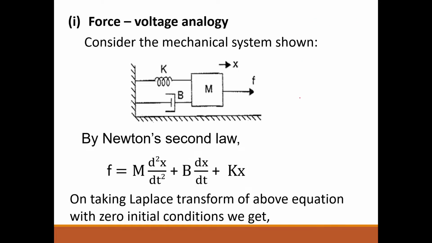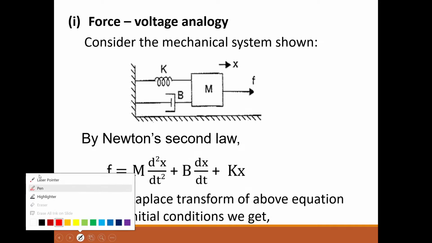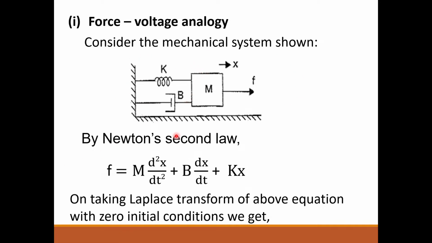If we have a mechanical translational system, which is shown here in this diagram, for that system we can write down the force balance equations. In order to write the force balance equations, we follow the law known as Newton's second law.